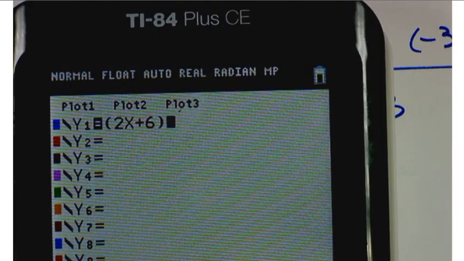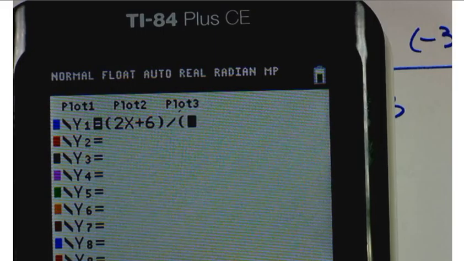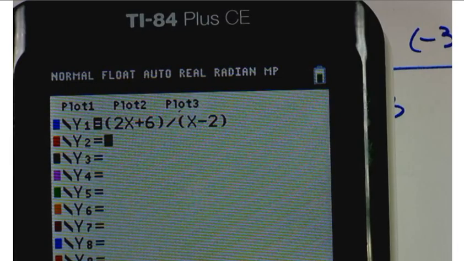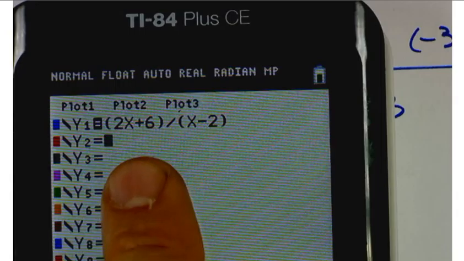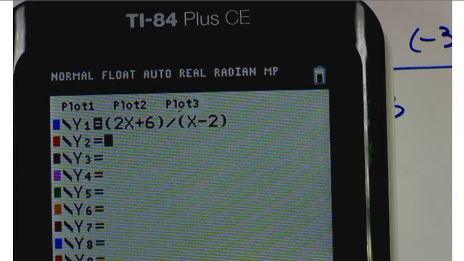It's 2x plus 6 in parentheses divided by, again, parentheses, x minus 2. If you forgot the parentheses, then you'd just be dividing 6 by x rather than the whole numerator by the whole denominator.